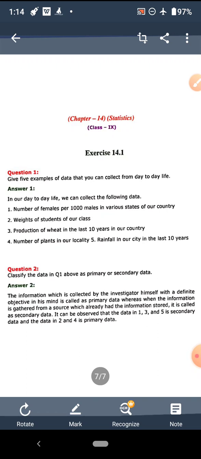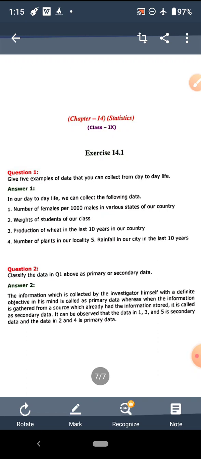The answer is, in our day to day life we can collect the following data: number of females per 1000 males in various states of our country, weight of students of our class, height of students of our class, number of absentees each day in our class in a month, number of members in the families, production of wheat in the last 10 years, number of plants in our locality, rainfall in our city in the last 10 years, height of plants, height of students, and many more. Means any 5 you can write from your day to day life.